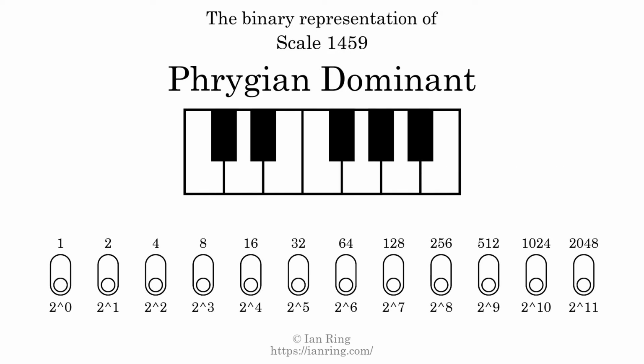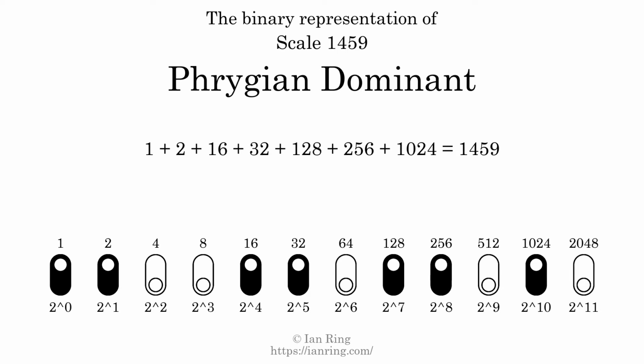The binary representation of this scale is determined by mapping tones of the scale to binary digits. Each binary digit represents a power of 2. To get the scale number, we add the powers of 2 together. The powers of 2 that are present in the scale, all added together, equals 1459.